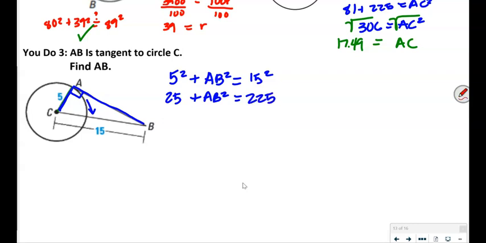We're going to subtract the 25 from both sides. So AB squared is going to be equal to the 200, right? And then we're going to take the square root of both sides again. So AB here is going to be equal to 14.14.